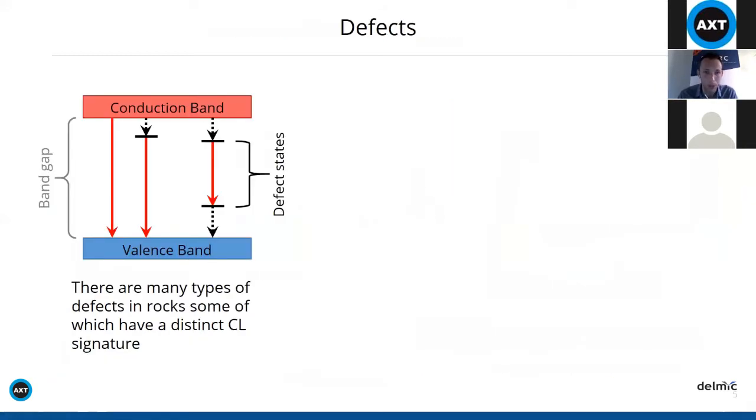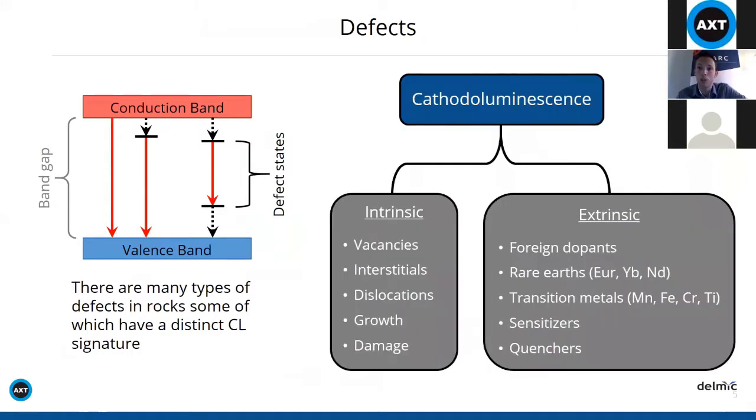And so there are many different types of defects for every mineral or rock type, and they're roughly subdivided into two categories. The first one being intrinsic defects, and these are, as the name says, intrinsic to, or can be intrinsic to, a pure mineral.